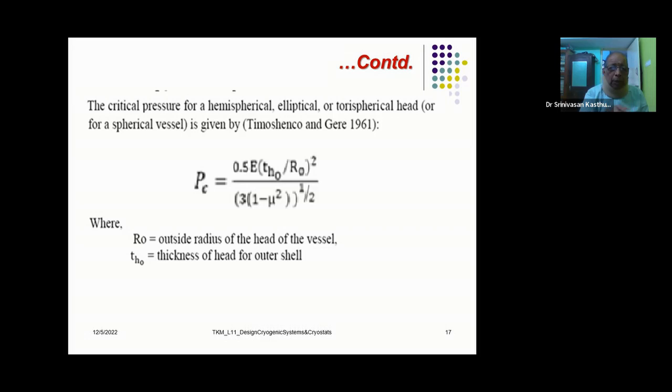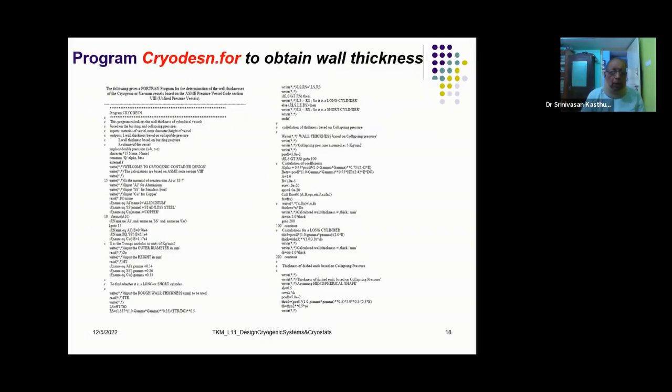Now, these formulas I have just listed out here, but depending on the conditions or the requirements, you will have to select the right formula from Randall Barron's book or the ASME Section 8 Pressure Vessel Code, right? We have also written a small program in Fortran. It is called program cryodesign.var. This will calculate the wall thicknesses of cylindrical shells and hemispherical shells for specific materials like aluminum, copper, and stainless steel.